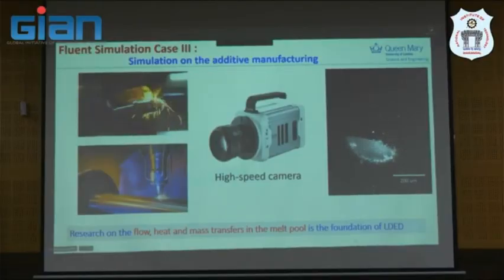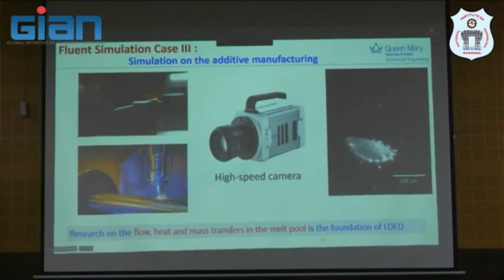The LDED process always deposits material directly onto an existing part or substrate. Here is the substrate. So it's very important to investigate the flow, heat, and mass transfer in the metal pool.